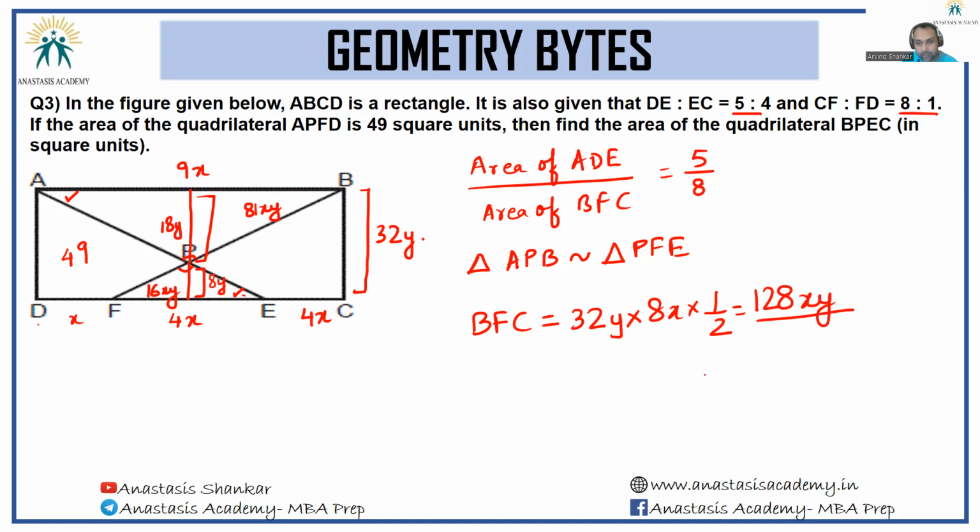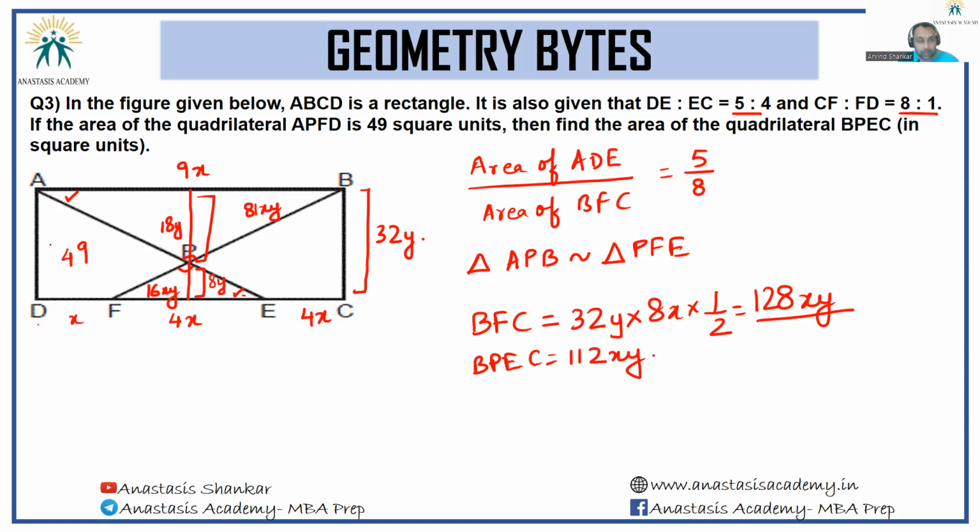Should be 128xy. Okay. Now 128xy minus, so BPEC should be equal to, if this is 16xy, so this should be 112xy.